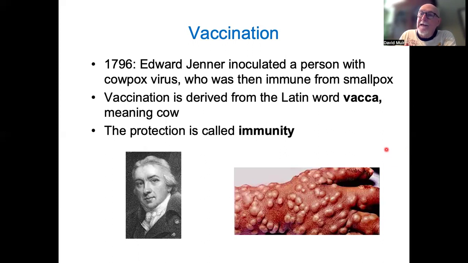And this was a completely serendipitous observation by this man, Edward Jenner. Jenner learned that women who worked as milkmaids never got smallpox. First of all, that was like a folk tale, that milkmaids never got smallpox.